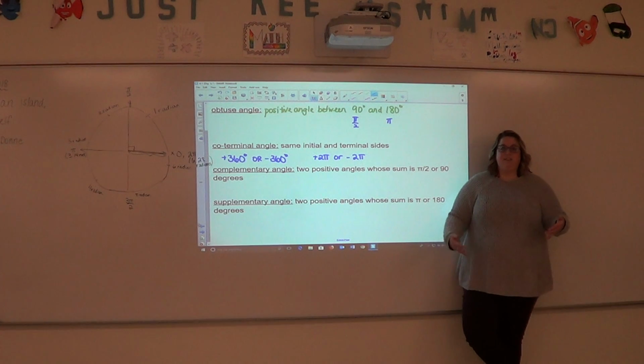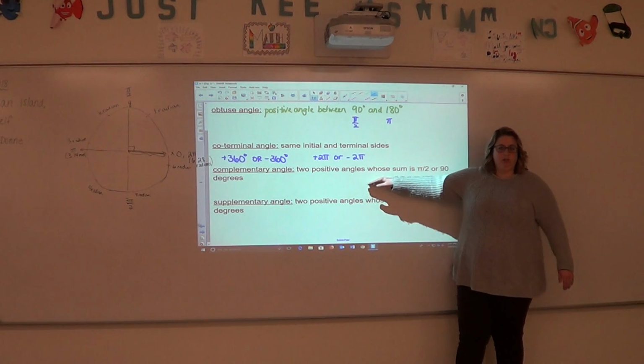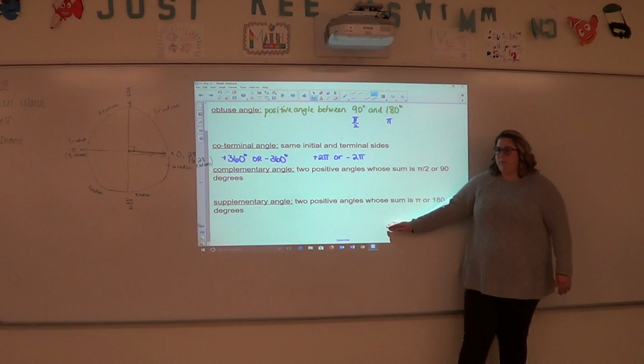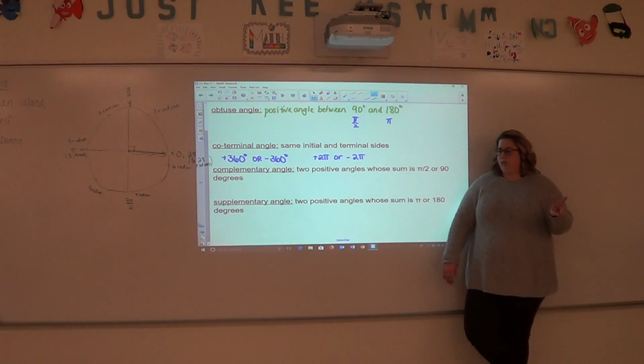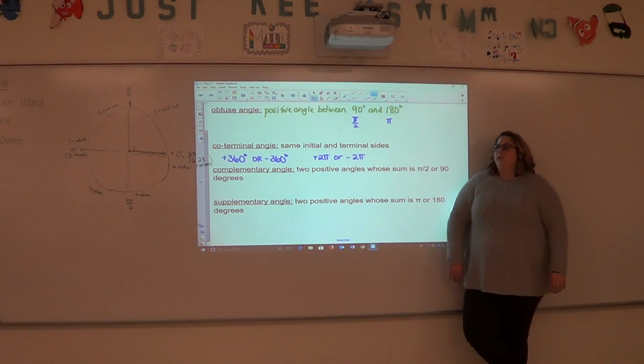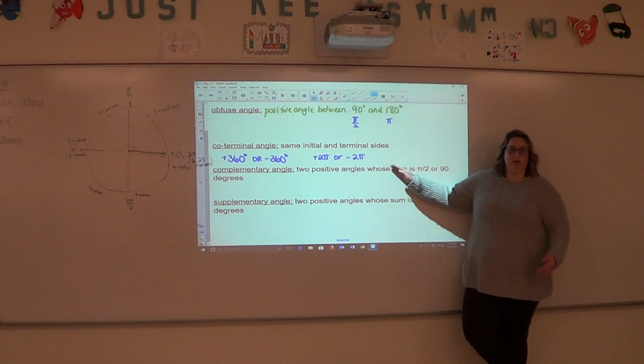I guess negative 10 does add to equal 90, but they have to be 2 positive angles. So if it's already bigger than 90, it doesn't have a complement. Same thing with supplementary. They're 2 positive angles whose sum is either pi or 180 degrees, depending on which way you're looking at it. So if I had 150 degrees, my supplementary would be 30 degrees. But if I had 250, that doesn't have a supplementary because it's already bigger than 180. So if it's bigger than the sum, it doesn't have a complement or supplement, depending on which one you're talking about.